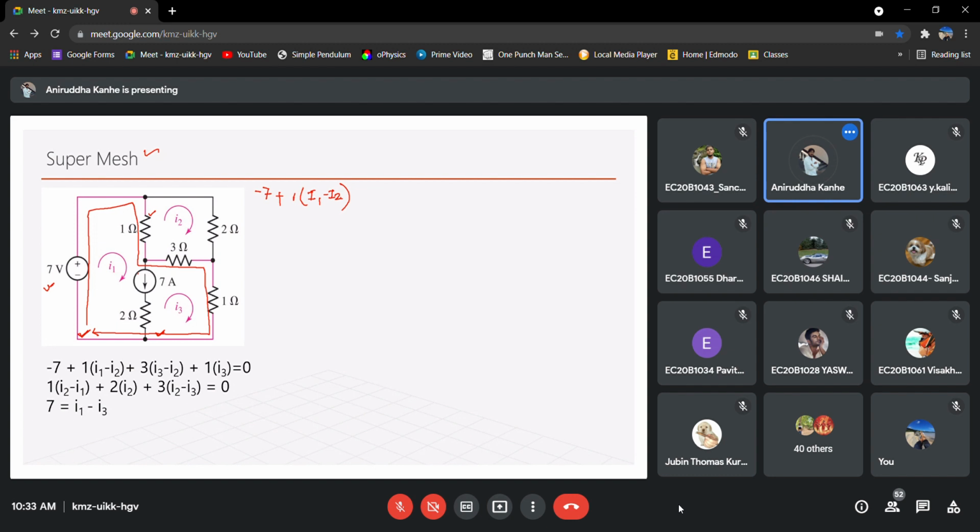And then instead of going in this direction, you have to go this way. So you can write plus 3 into... Now what about the direction of I1? Oh, sorry, this super loop, and I3. Your loop direction is clockwise, and your I3 direction is also clockwise with respect to this 3 ohm. Is that okay?